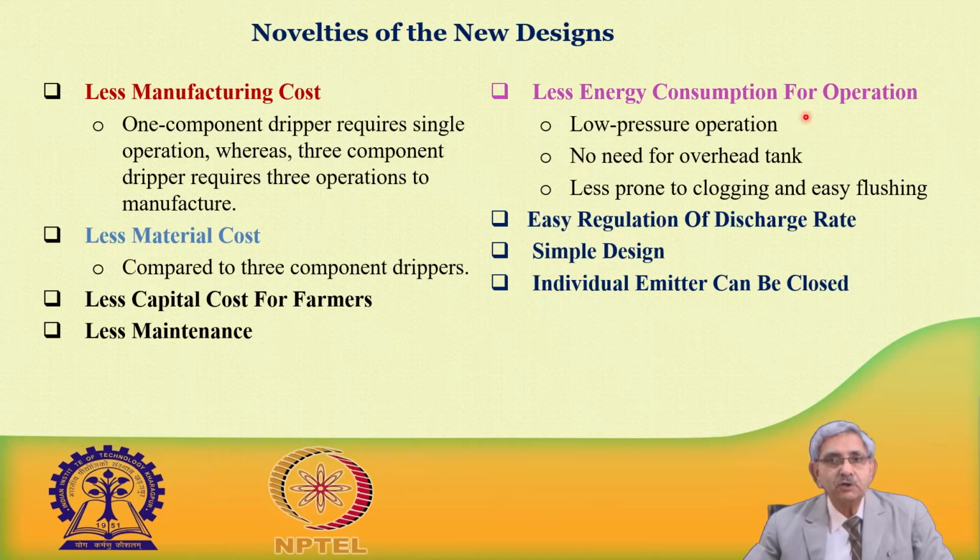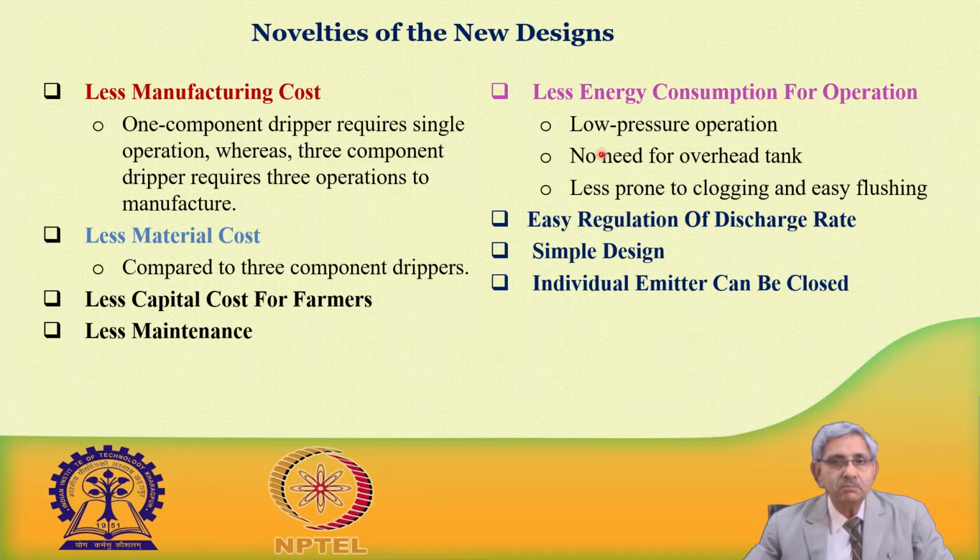These drippers require less energy consumption. We have seen that at a height of 1 foot, the drippers deliver a discharge of about 1 liter per hour.